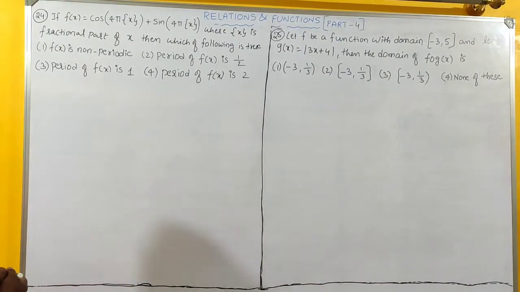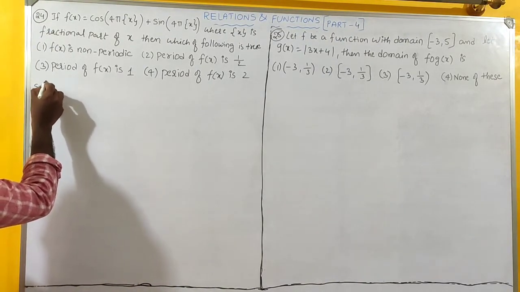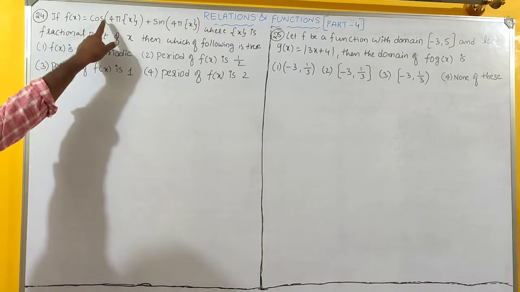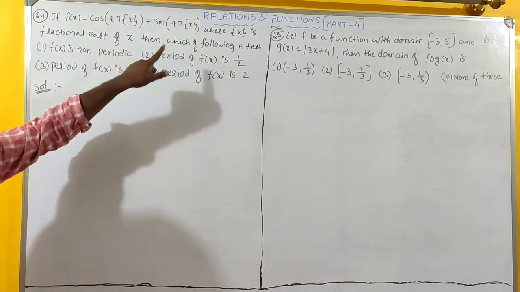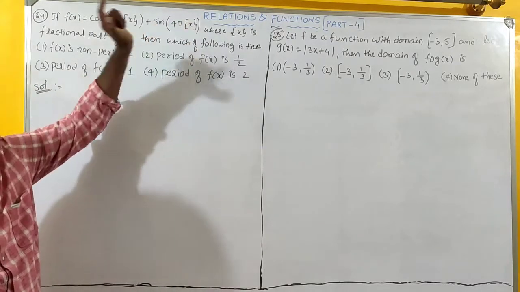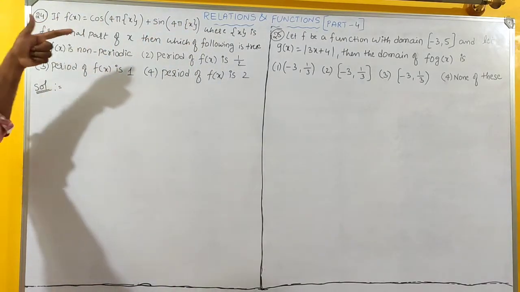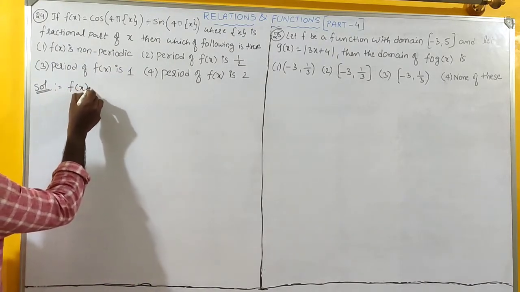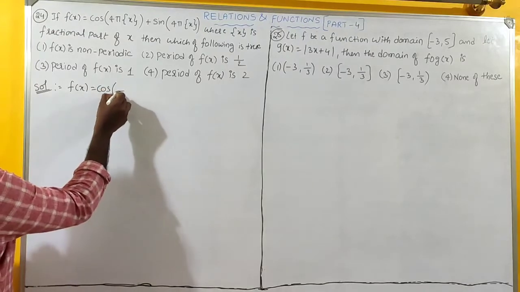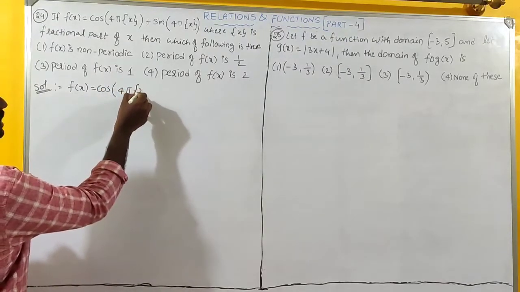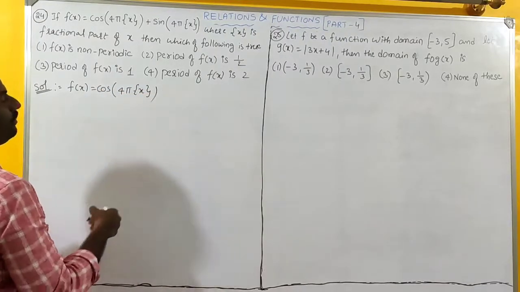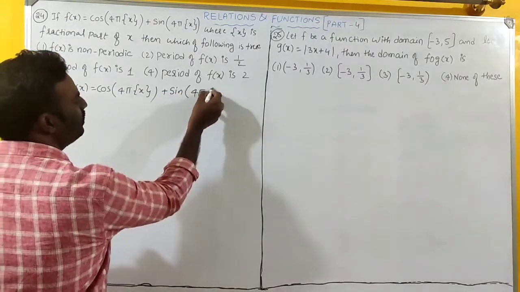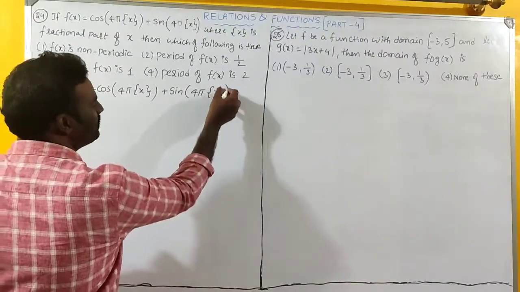Next, 24th question. Listen. If f of x equals cos 4 pi into fractional part of x plus sin 4 pi into fractional part of x, then which of the following is true? Now, f of x equals cos 4 pi into fractional part of x plus sin 4 pi into fractional part of x.